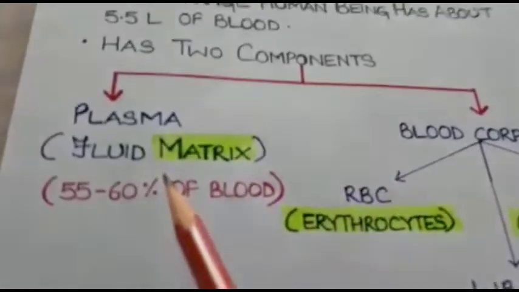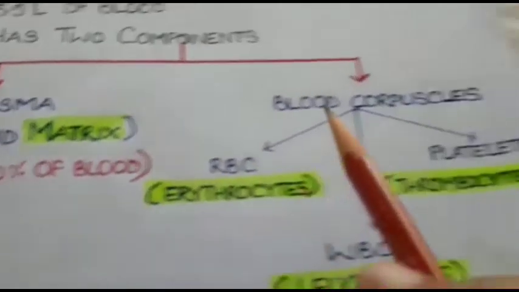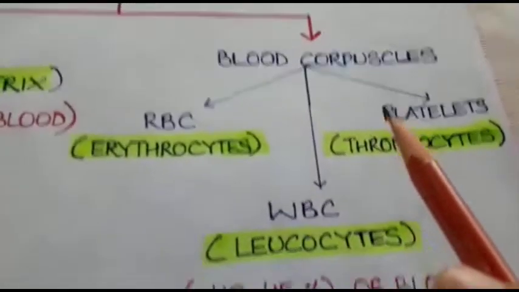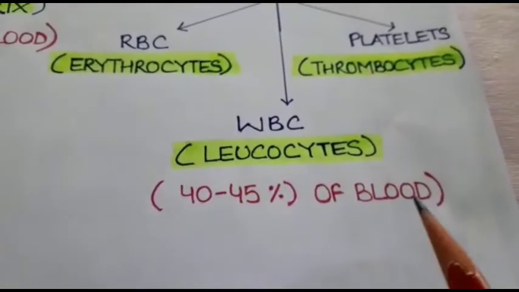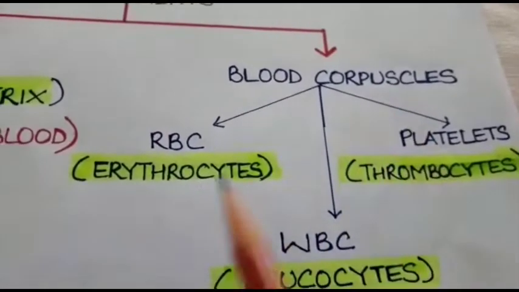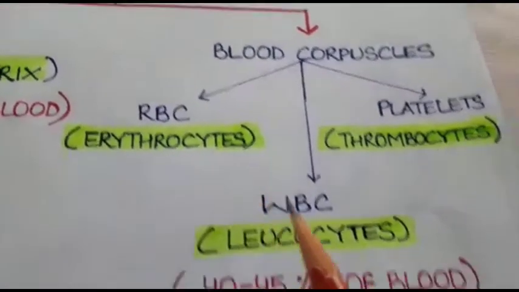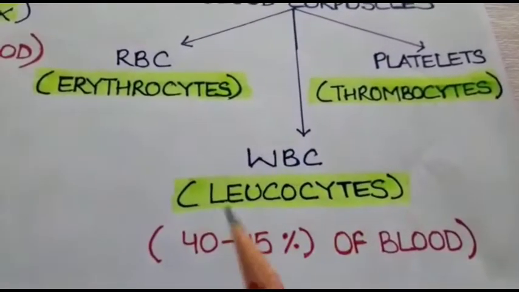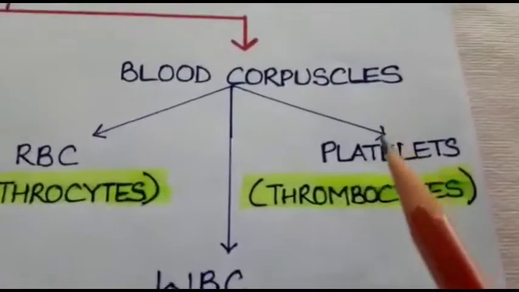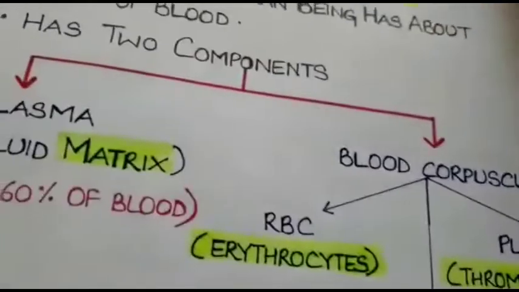The blood plasma forms 55 to 60% of the blood, whereas blood corpuscles form 40 to 45% of the blood. There are three types of blood corpuscles: RBCs, known as erythrocytes, WBCs, leukocytes, and platelets called thrombocytes.